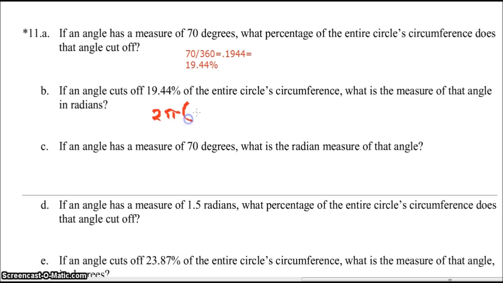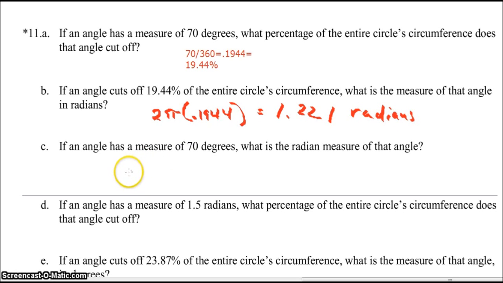So we just need 2 pi times 19.44%, which is about 1.221. So that's 1.221 radians.